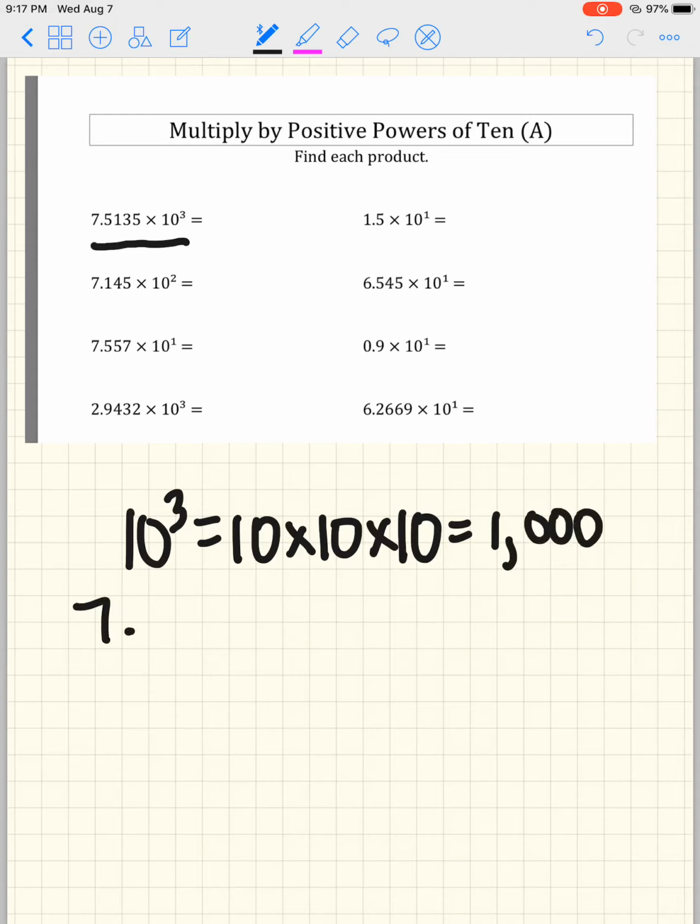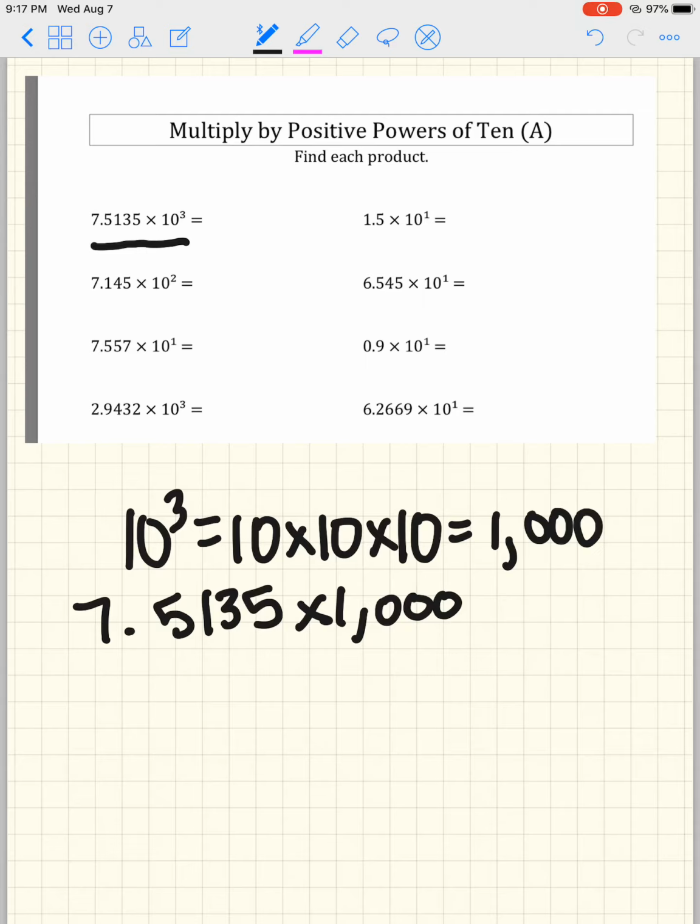So you could look at it as we're multiplying this number by 1,000. So remember, anytime you multiply a decimal, you're making it bigger. So the special trick that we've practiced in stations is moving that decimal.